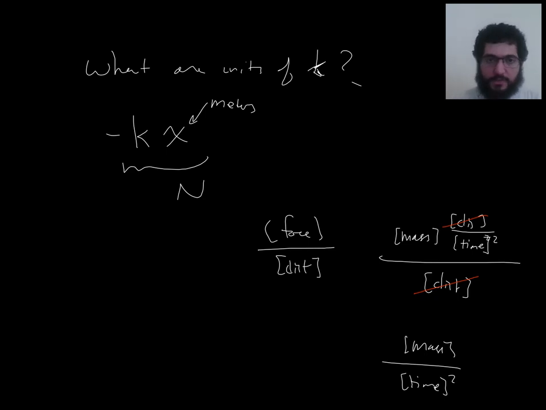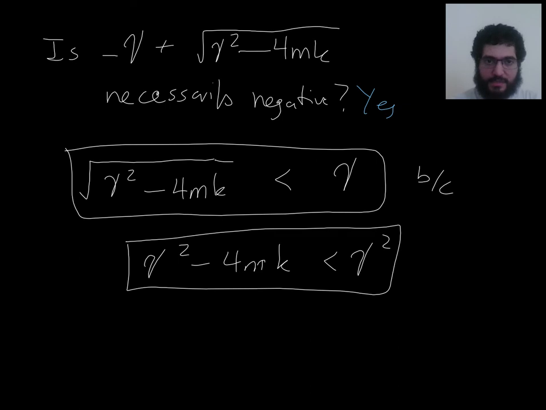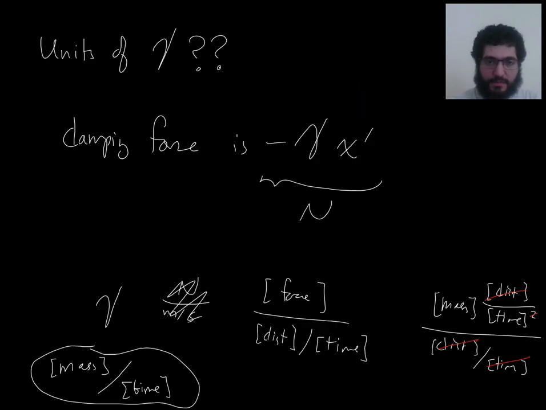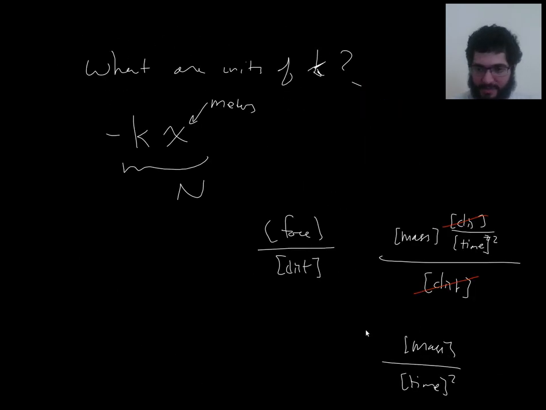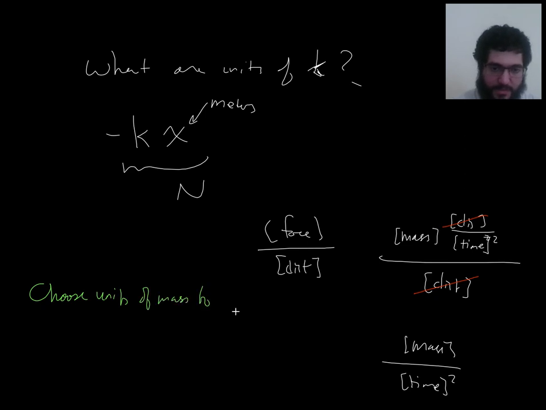So yeah, if you choose your units of mass, where did I put it? Oh, I already erased it. So choose units of mass, let me write it like this, save some writing.